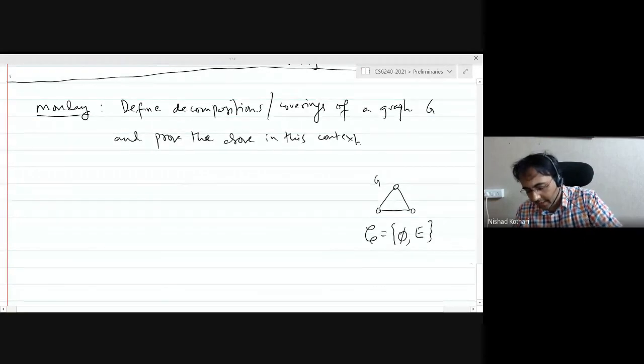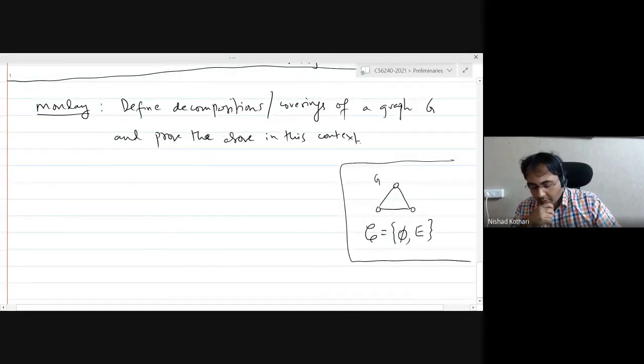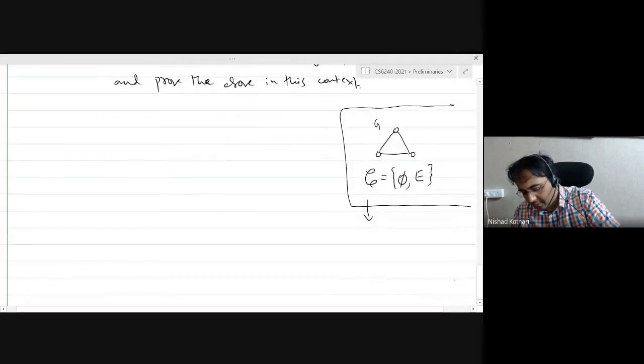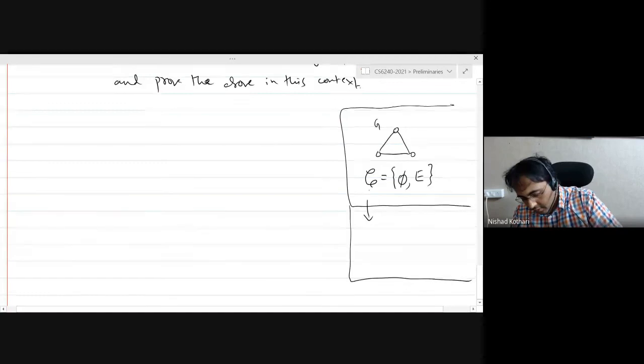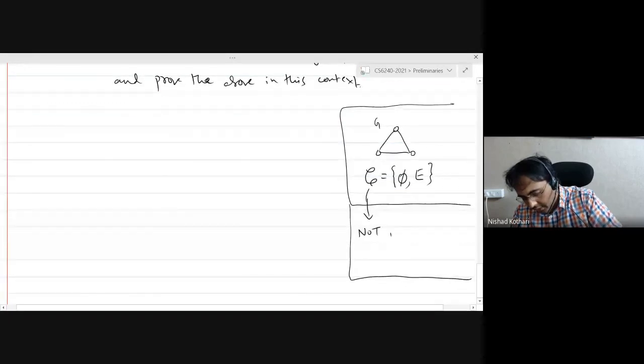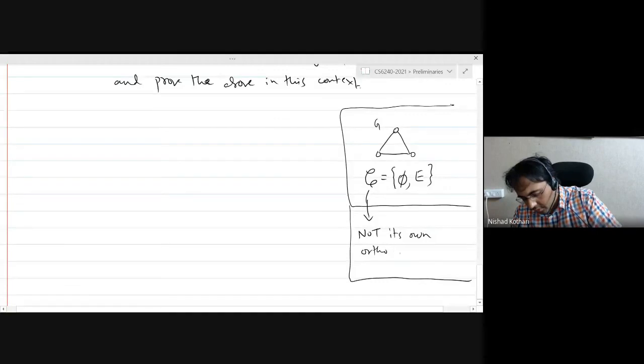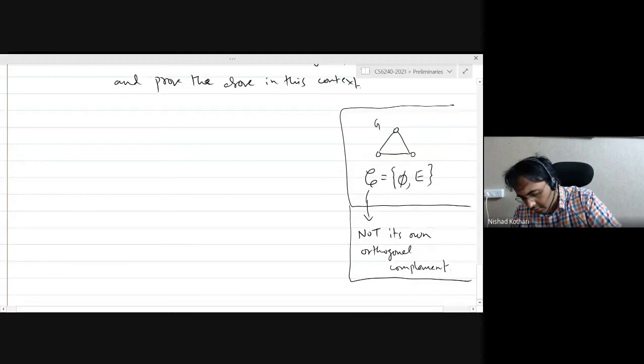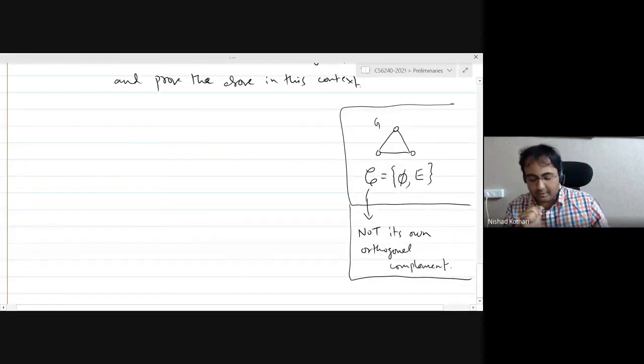I claim that this is not orthogonal to itself. You can think about this now or later. It is not its own orthogonal complement. So this is actually a good exercise. You can try to think about what the orthogonal complement of this space is for this particular example.